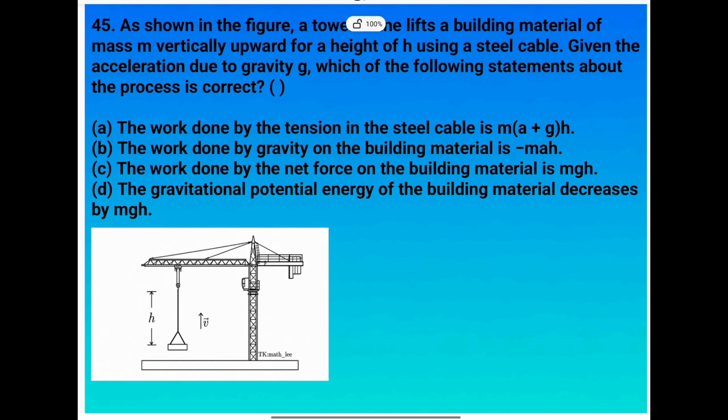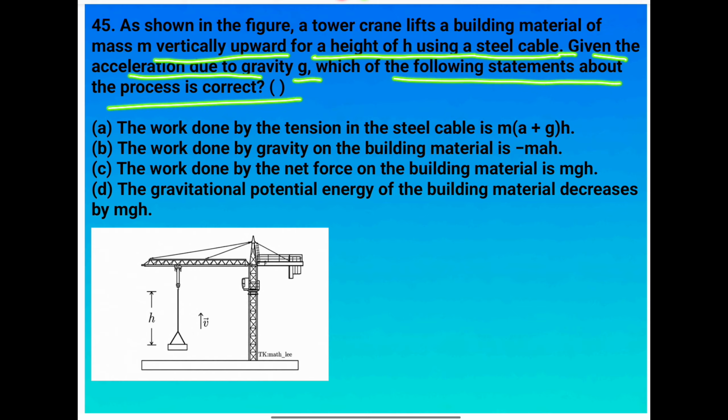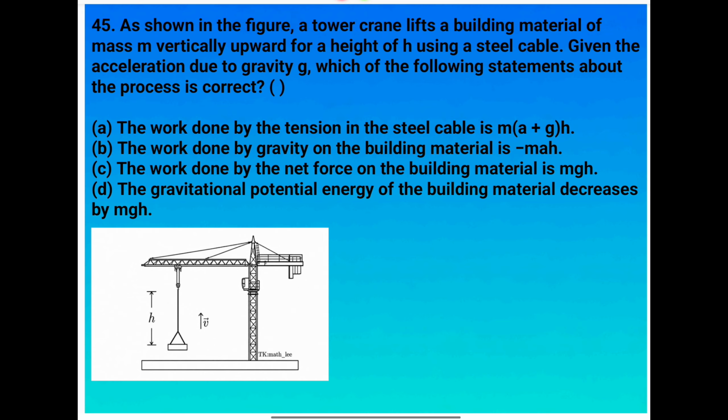Question number 45. As shown in figure, a tower crane lifts a building material of mass m vertically upward for a height of h using a steel cable. Given the acceleration due to gravity g, which of the following statements about the process is correct? First, we will draw all the forces that are acting on the block.